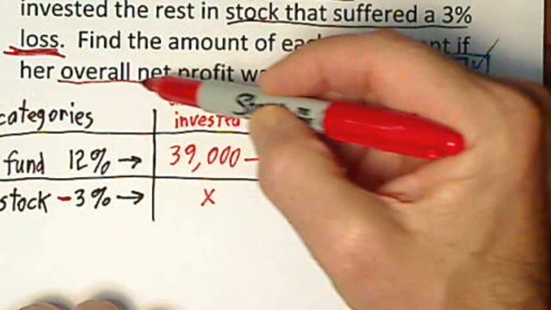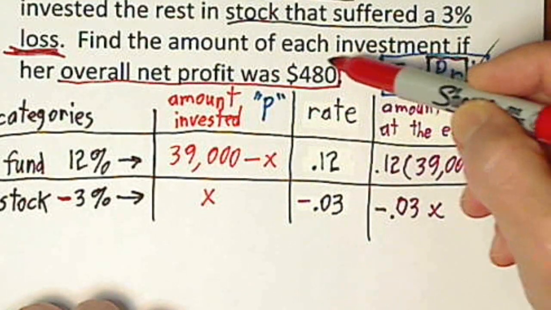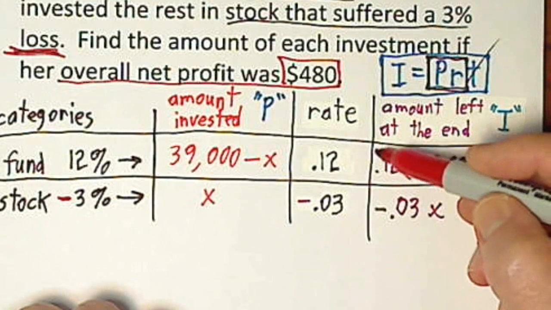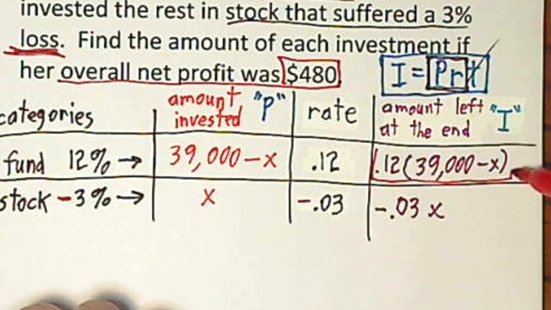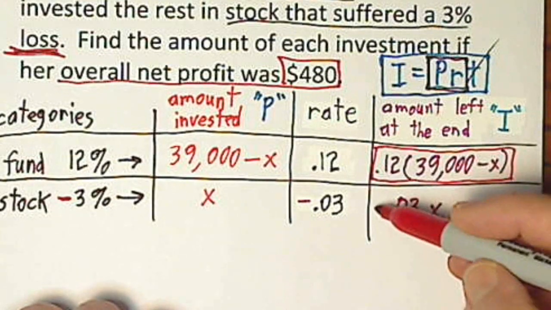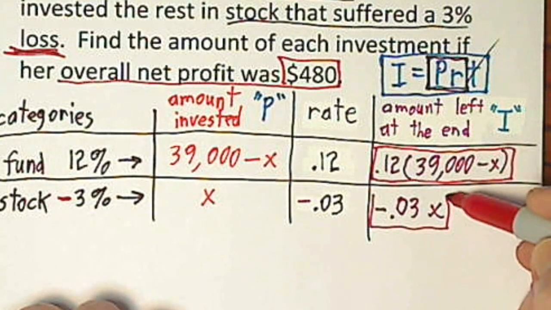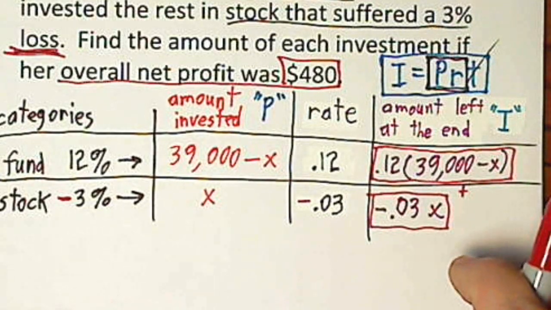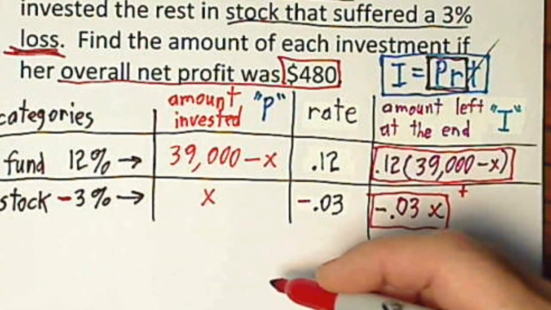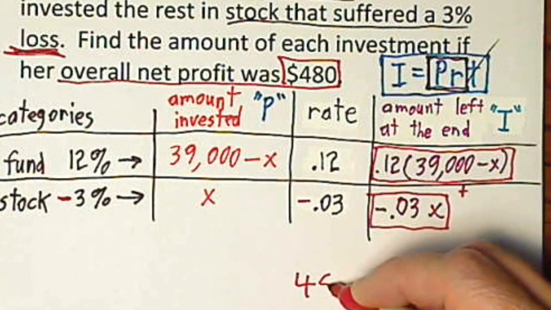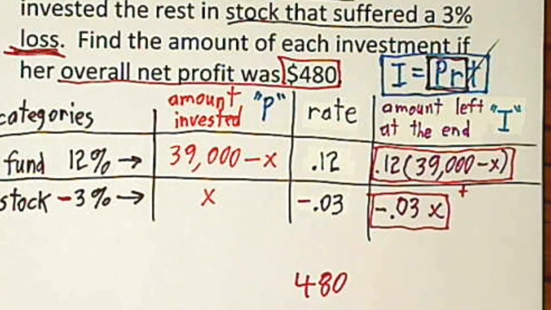Her overall net profit was $480. Okay? So if I combine this amount, it might not look like an amount, but this is an amount, with this amount, if I combine them, I add them, I'm going to get $480. Okay? So that's how we'll write our algebraic equation.